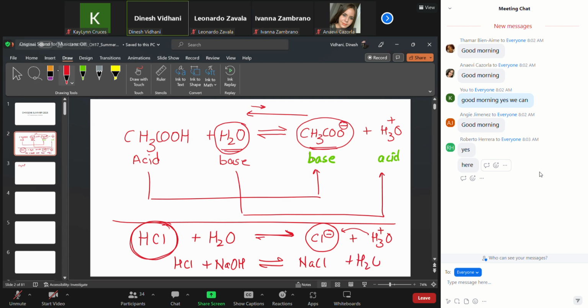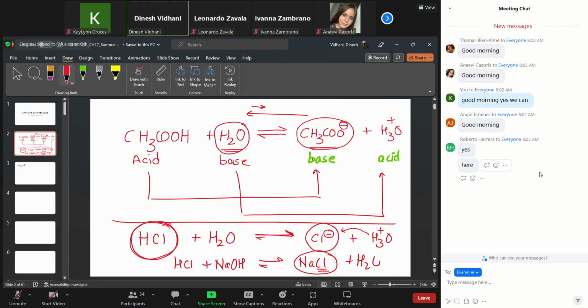Now, the forward reaction is way more predominant than the reverse reaction. But see, this is the salt of your strong acid and strong base.